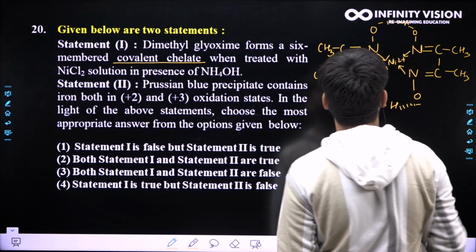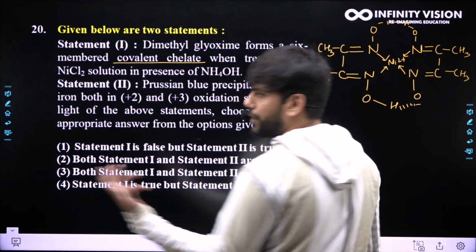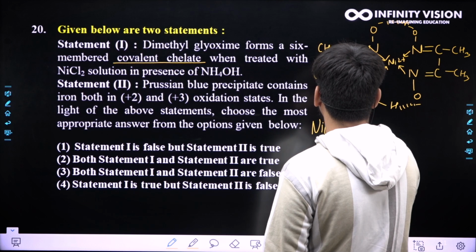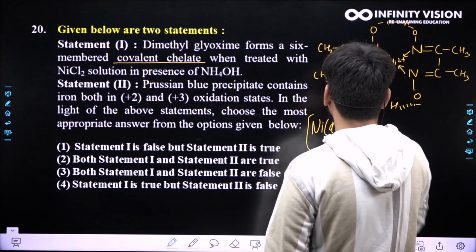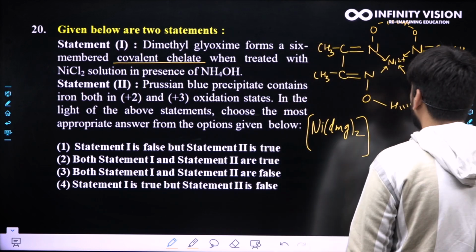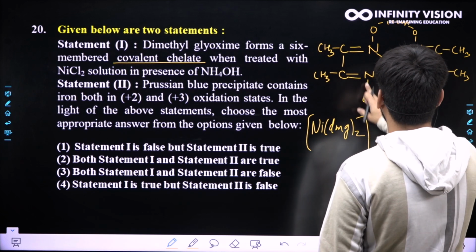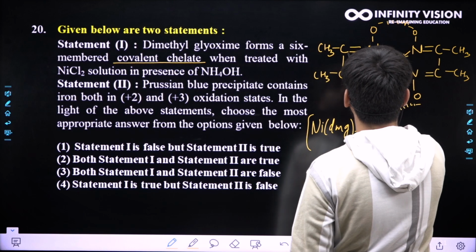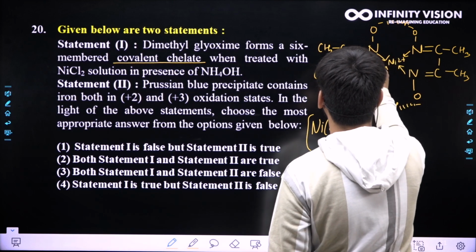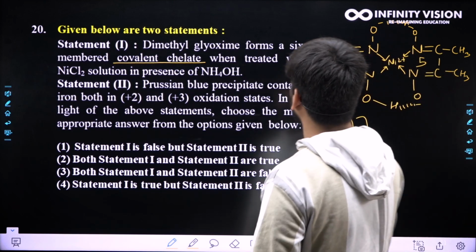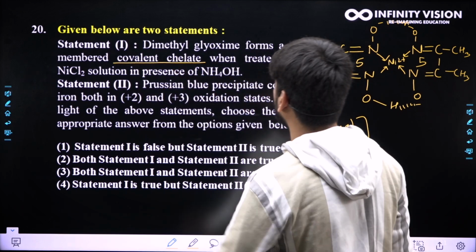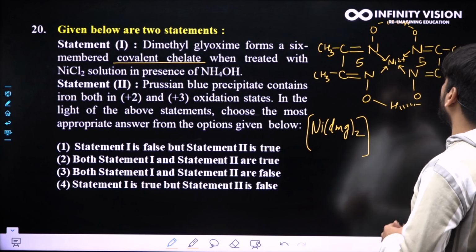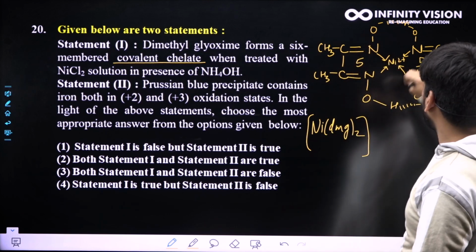So this is the nickel DMG2 complex, nickel DMG whole twice complex. Now, if you see carefully, it is saying that it forms a 6-membered covalent chelate. Now, there are 5-membered, 1, 2, 3, 4, 5. There are 5-membered covalent chelate when treated with NiCl2 solution. So we have the 5-membered, right? Here we have the 5-membered.